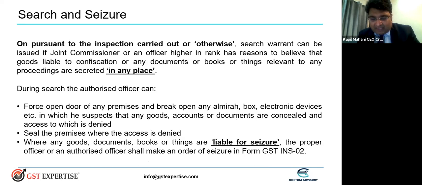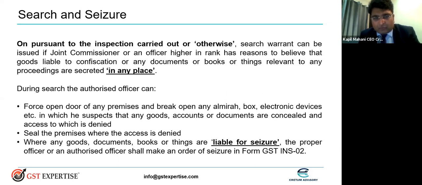Once the inspection is being carried out, the next step, where we generally hear this terminology specifically in income tax, is the search and seizure. So under the GST, that comes in when a departmental officer, which is the DGGI, Director General of Goods and Services Tax Intelligence, feels that goods or any document or books or anything relevant to the proceedings are secreted, then they seize the goods.